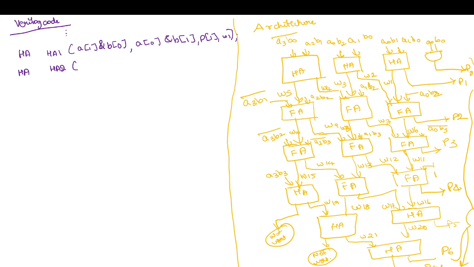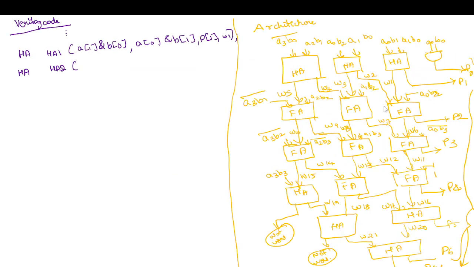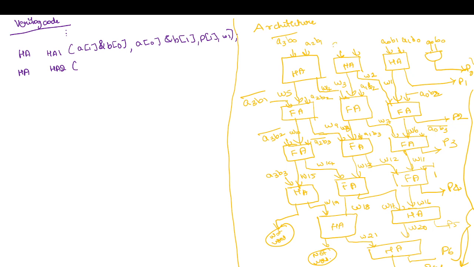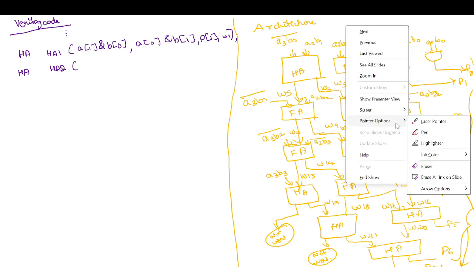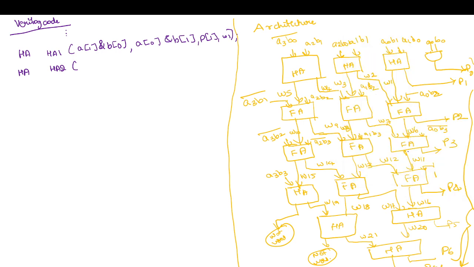A2 B0, A1 B1. A2 B0, A1 B1. W2 W3. Second half adder A2 B1 and then this complement.